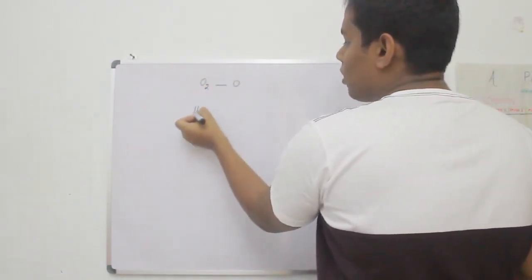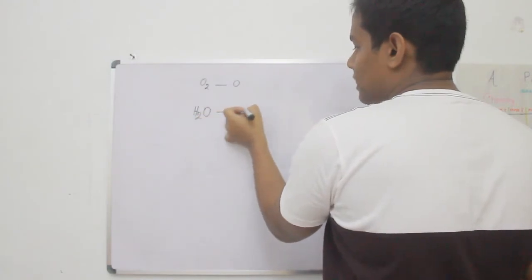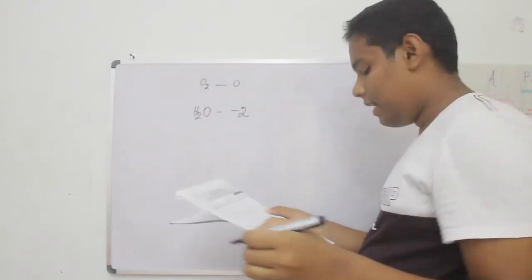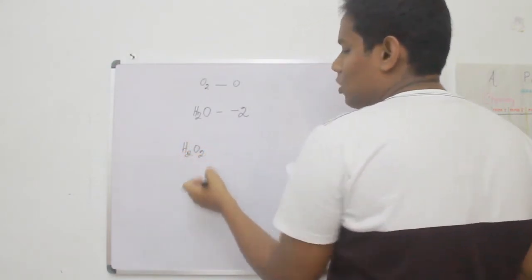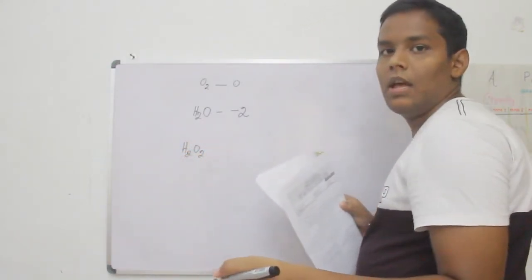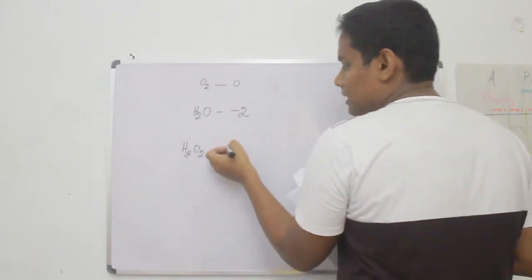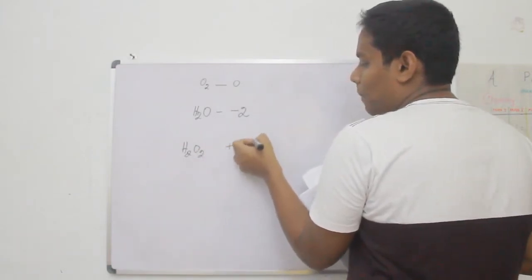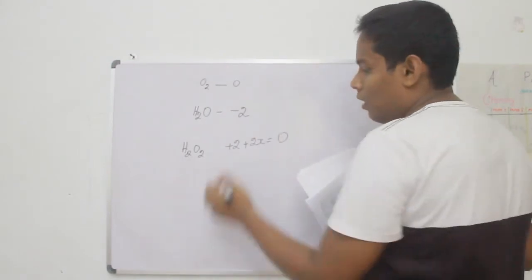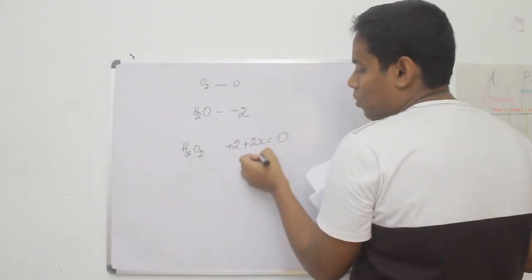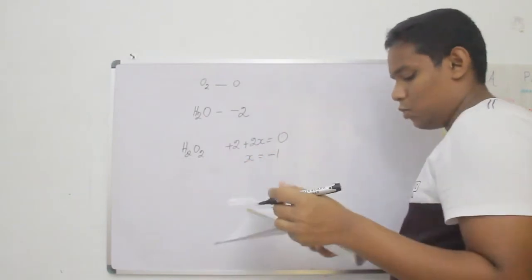In water, the oxidation state of oxygen is -2. Then in H2O2, if I consider oxygen to be x, plus 2 plus 2x equals 0. So x equals -1 in H2O2.